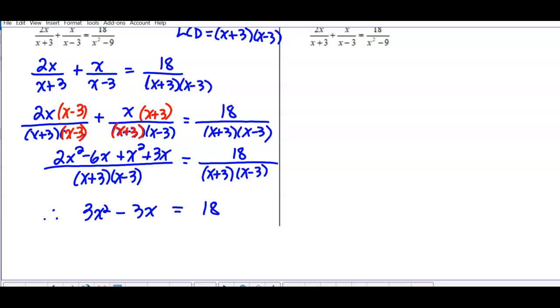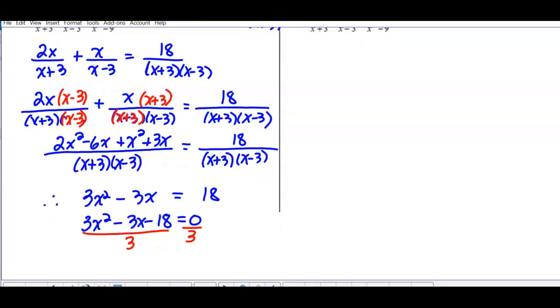And this is quadratic, so get one side equal to 0. And here, with a quadratic, you have to factor. What you'll notice is there's a common factor of 3. When you have an equation, you can actually divide out by that 3. You don't have to just factor it, because one side is 0. As long as you treat each side the same, then you can divide.